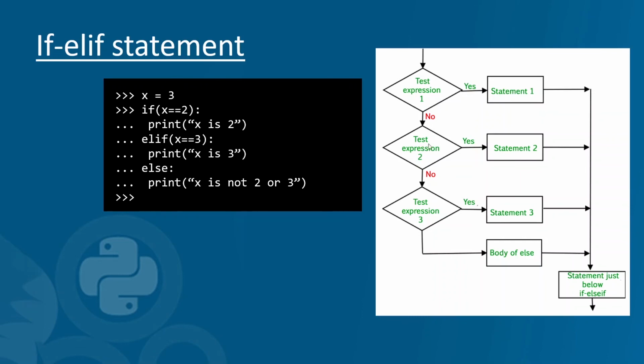Or again, if the condition is wrong and the result is no, it will check a third, the next expression or the next condition. And if again it is correct, then it will execute a statement. We can have any number of expressions in this way. So if this is correct, then do this one. If this is not correct, that means else.